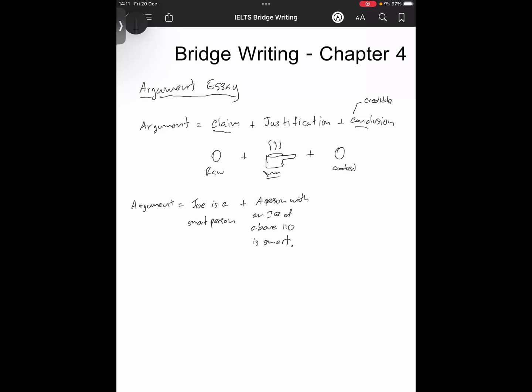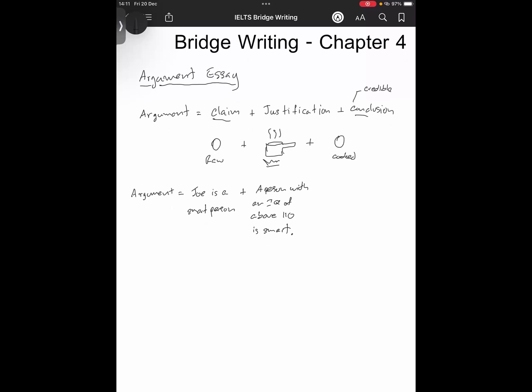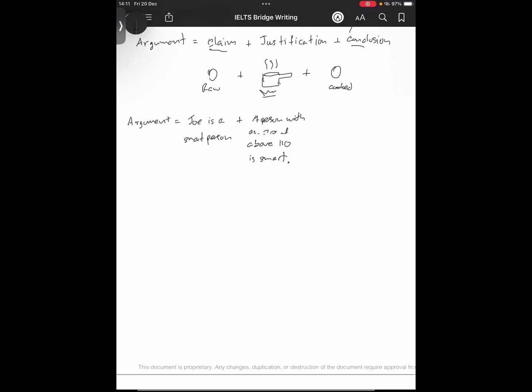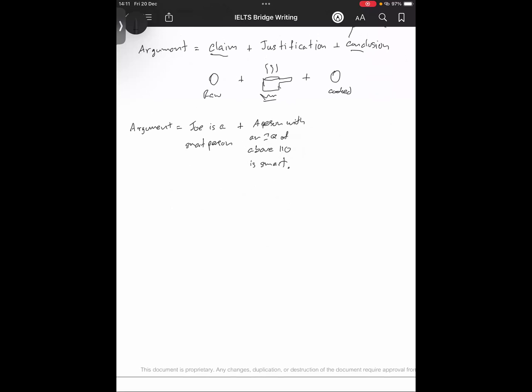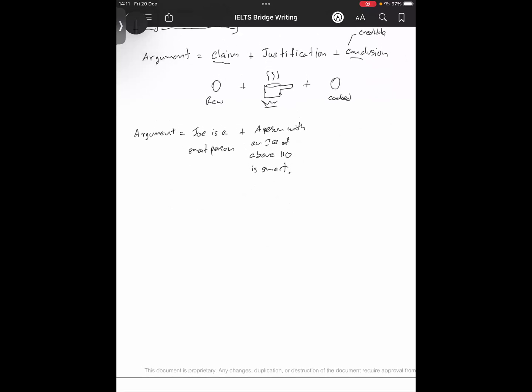How about Albert Einstein? Well, Albert Einstein is too smart, right? His IQ, I think, is 160. Okay, well, anyway, I want to say a person with an IQ is considered smart.